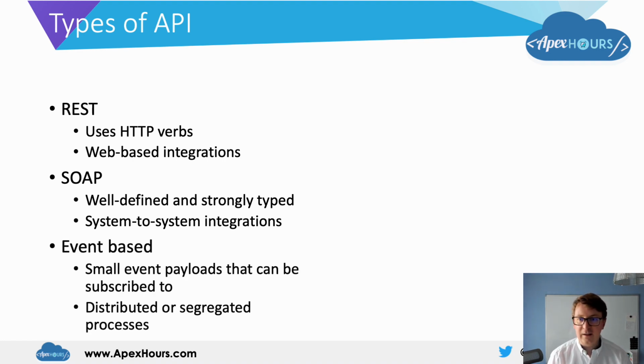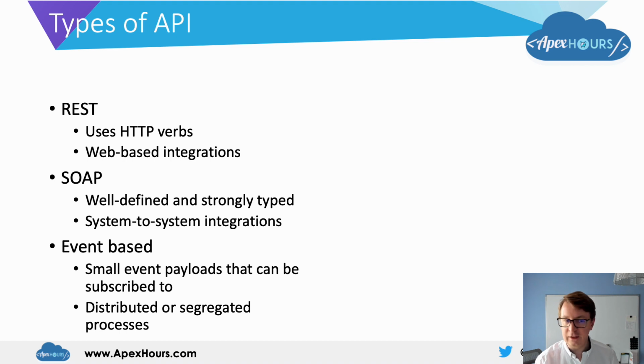You can have event-based integrations, where you send a small event payload, and small here is in air quotes. You send a payload that any system can subscribe to. So you publish an event payload, any of the systems you want can subscribe to it and then act based upon that payload. And this is really event and action driven. So you can think about things such as an opportunity closing.